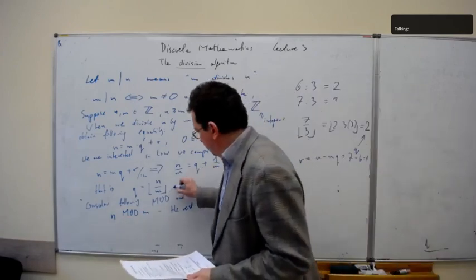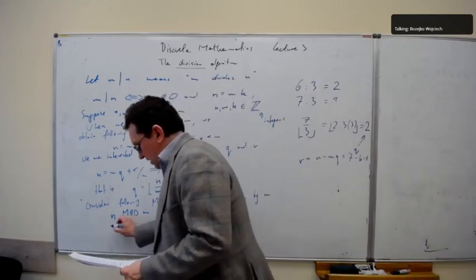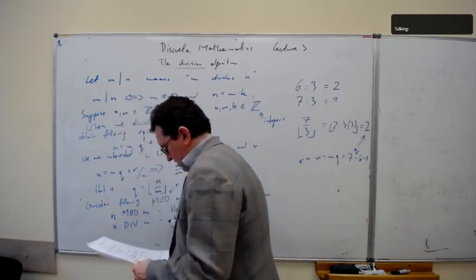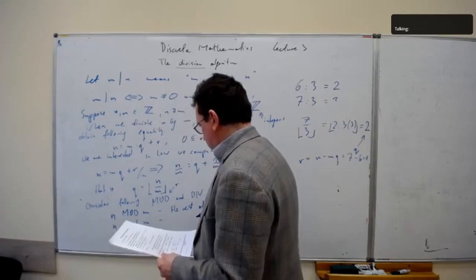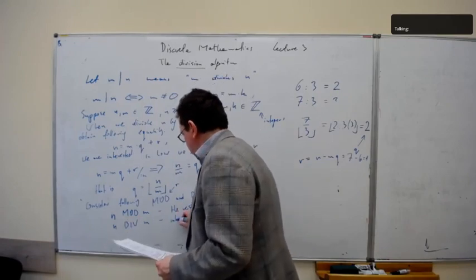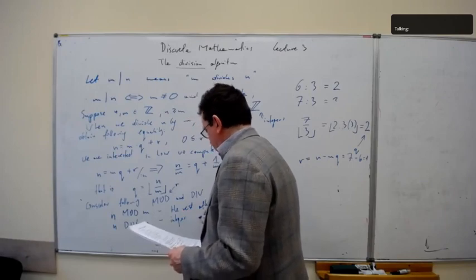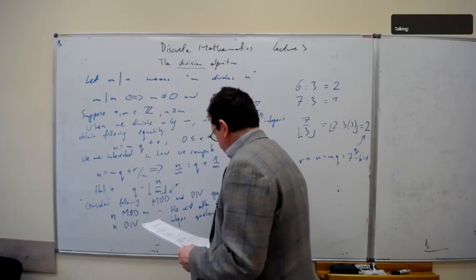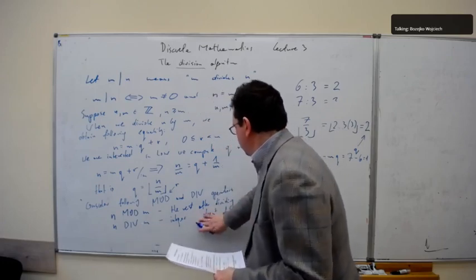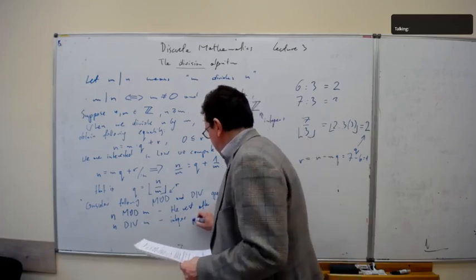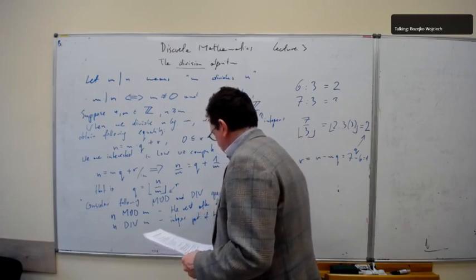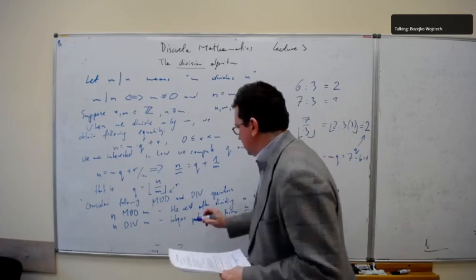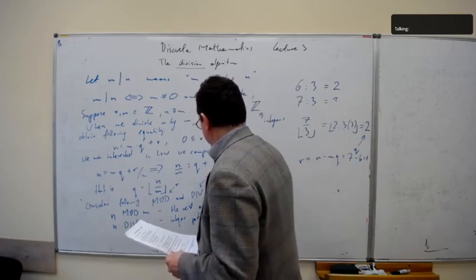And n div m is the integer part, the integer quotient after dividing n by m. So this is this q.